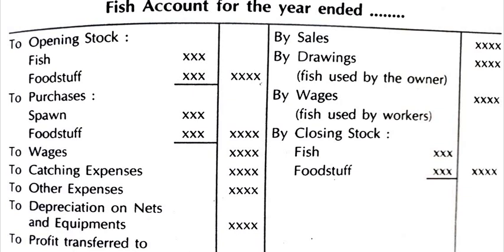You have spawn being used, wherein the eggs produced by the hen or any bird are put into the spawn, in a container that contains water. So purchase of spawn or food stuff is recorded over here.